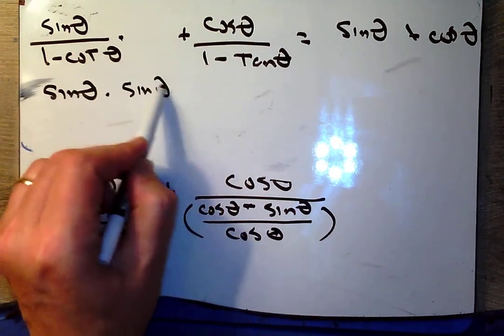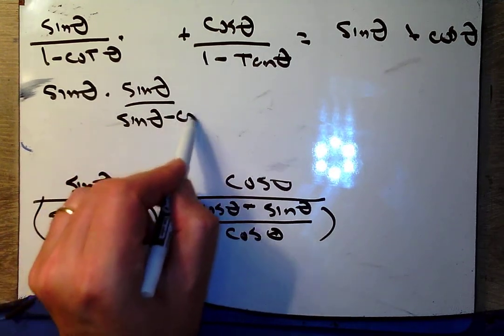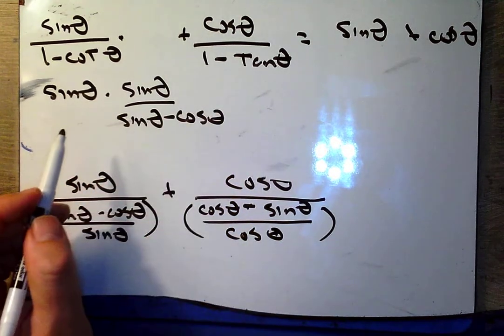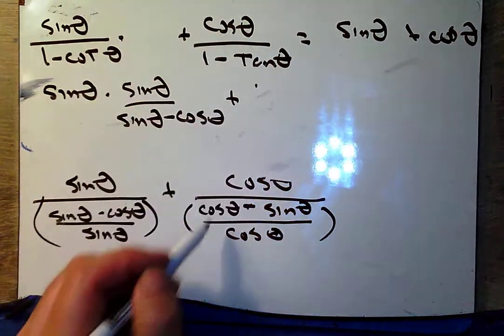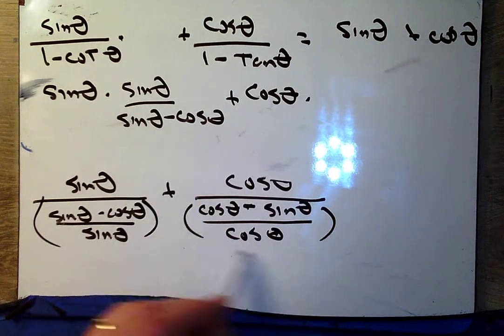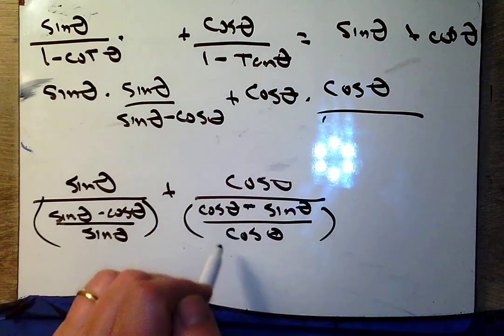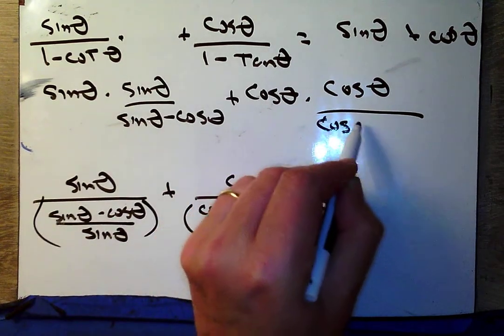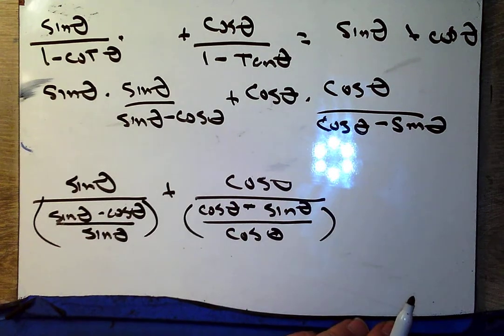So we're going to have sine theta on top and on the bottom, sine theta minus cosine theta. Plus, we're going to do that same thing here. We're going to flip. Please don't forget to flip this. And have cosine theta over cosine theta minus sine theta. All right, so we flipped and multiplied.